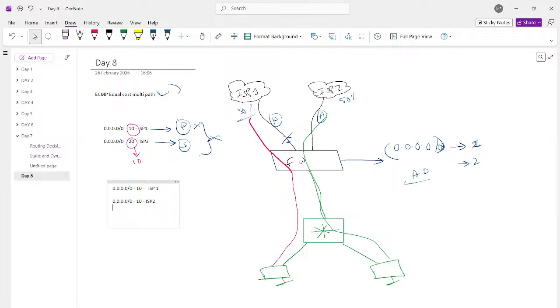Then FortiGate will install both the routes, thinking that both the cost is the same, both the AD value is the same, and both the prefix, everything is matching, so I need to equally load balance traffic between these two links, or these two particular ISPs. In that case FortiGate will do equal cost multipath for us. Is it clear?